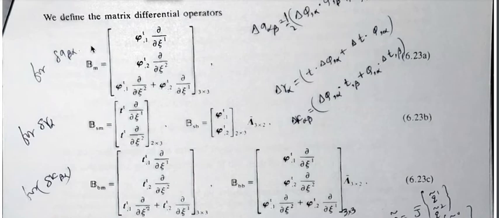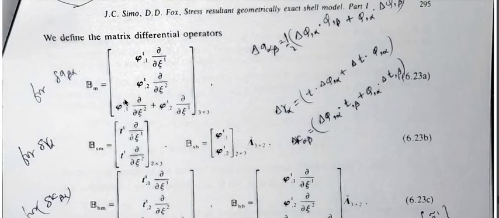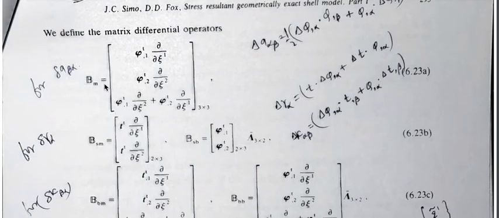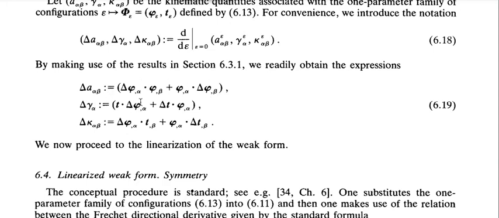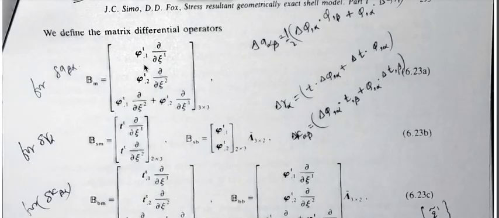so moving away from the usual flow of the paper, let us also look at the other matrix differential operators which are basically defining these same terms which we have just seen: delta A alpha beta, delta gamma alpha, and delta kappa alpha beta. Since we just wrote the expressions of these terms in terms of delta phi comma alpha and delta phi comma beta, these matrix differential operators are basically representing those relationships only.